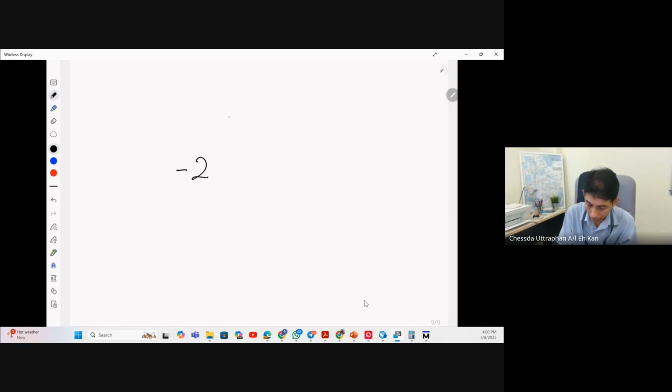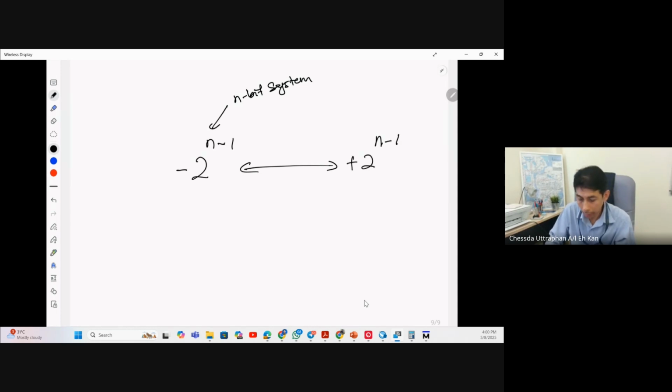The formula will be minus 2 power of n minus 1, where n is the size of your system. How many bits is your system? N-bit system. And then the maximum value will be positive 2 power of n minus 1, minus 1.